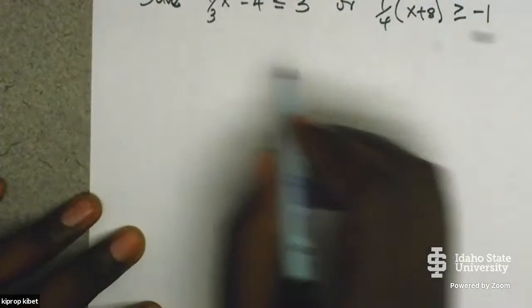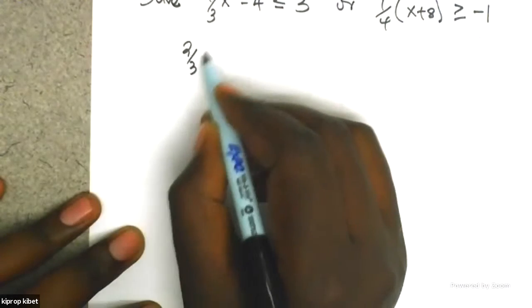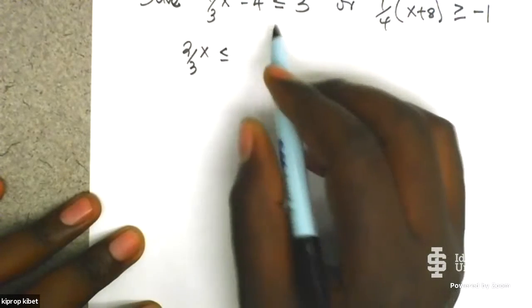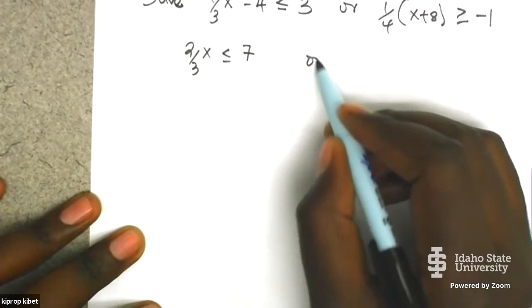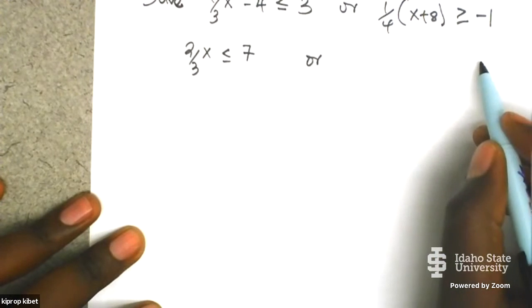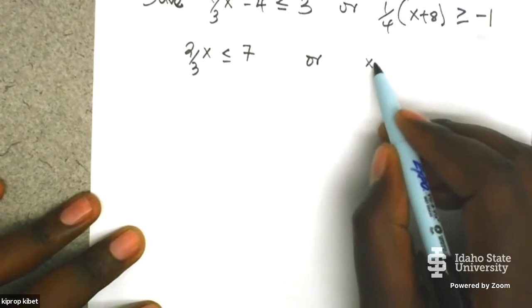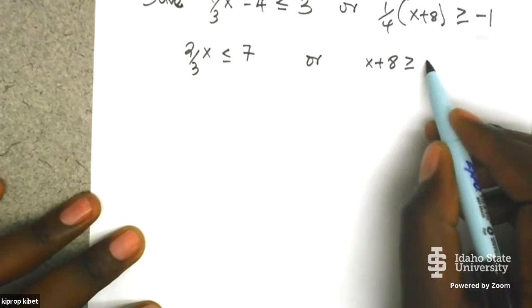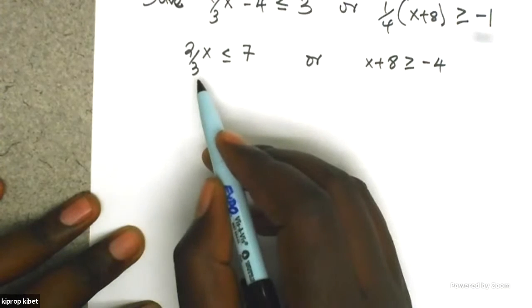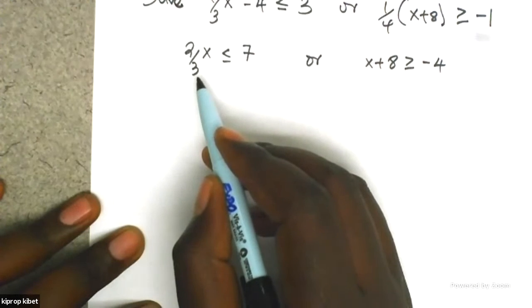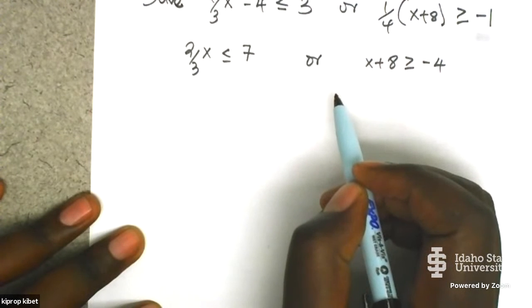So we take this one to the other side. So 2 over 3x less or equals to what? 7. Or we multiply both sides by 4, x plus 8 greater or equals to minus 4. Then we multiply by 3 over 2 on both sides, right?